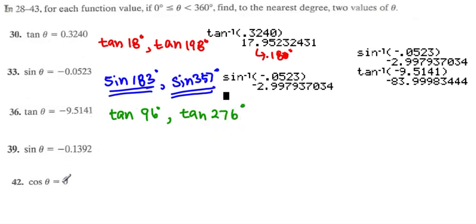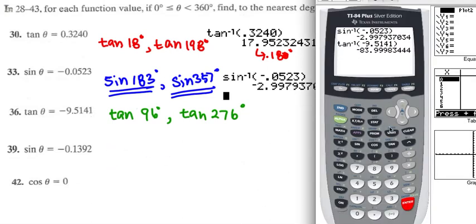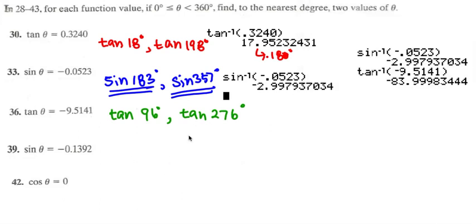Let's go for the last two. Second sine of negative 0.1392. Gets us 8 degrees basically. Negative sine, when do we have sine to be negative?